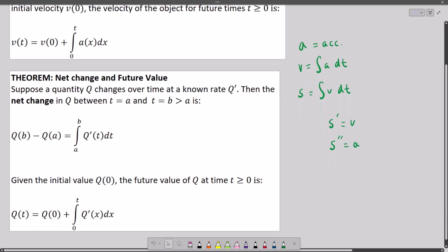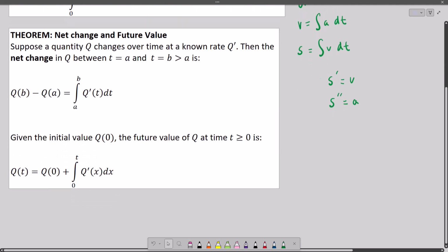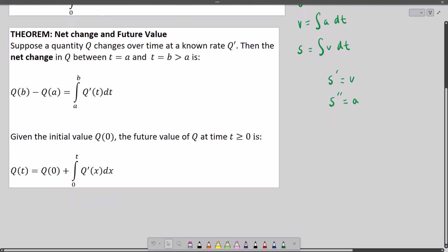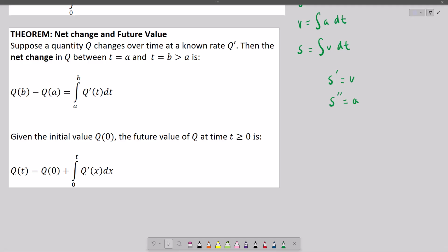All right. And then here's how it all generalizes. If Q is just some quantity like population, there are financial applications, population, lots of applications.